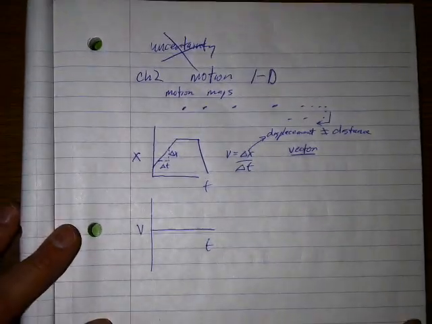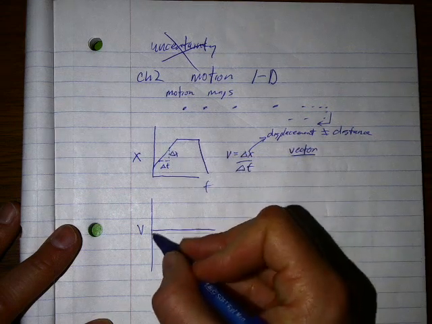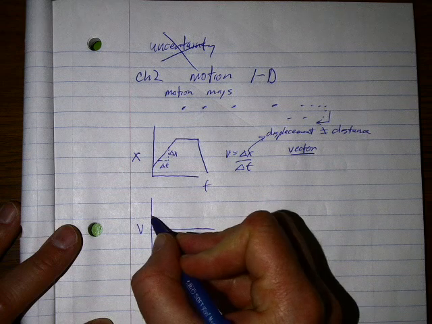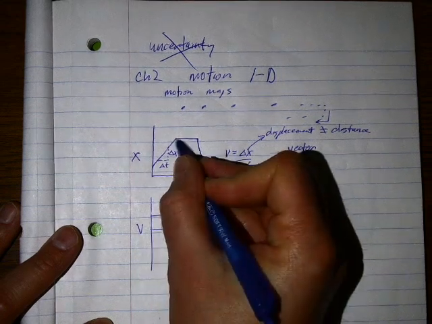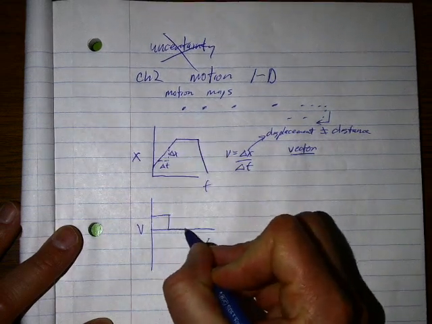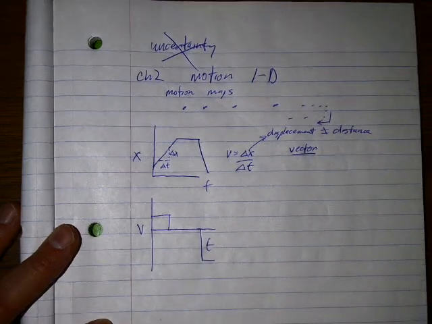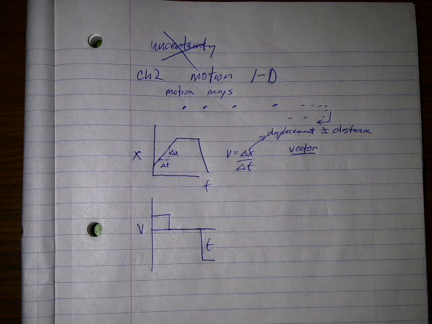We then said we can take these same things and create a velocity time graph. So this is a positive steep here, which would be something like this. Slope is 0, so the velocity drops down. And the velocity becomes a larger negative at the end because it's steeper there.